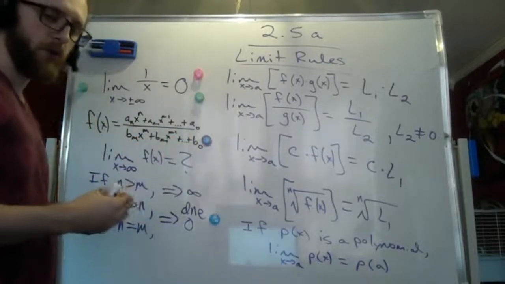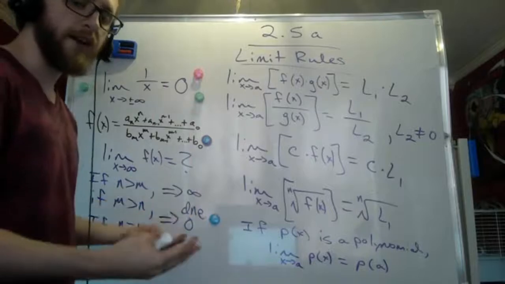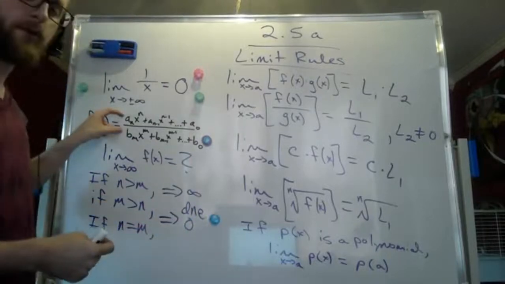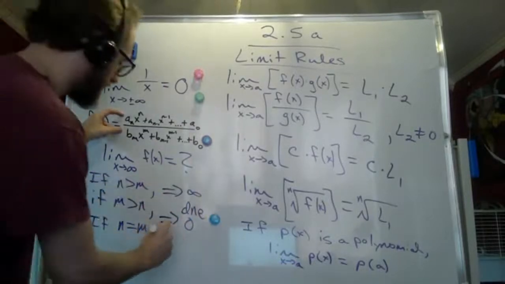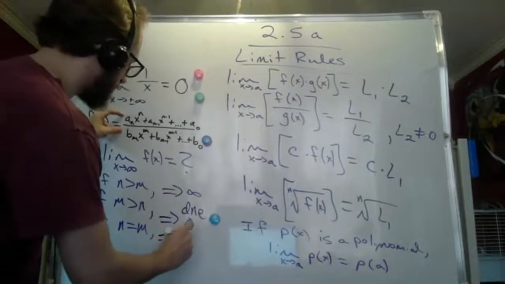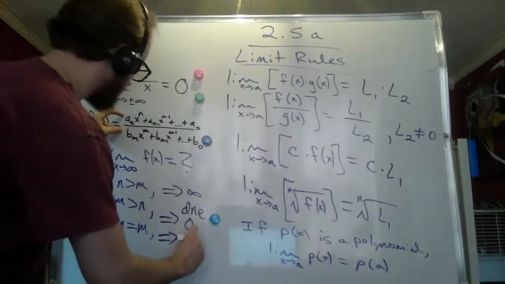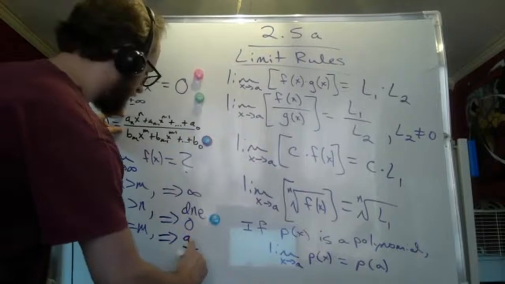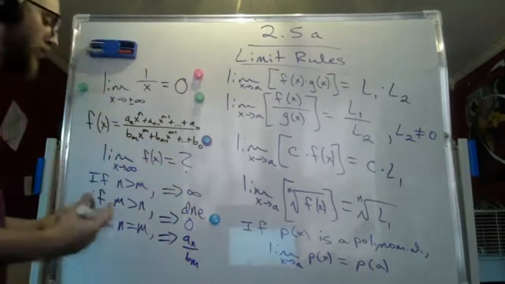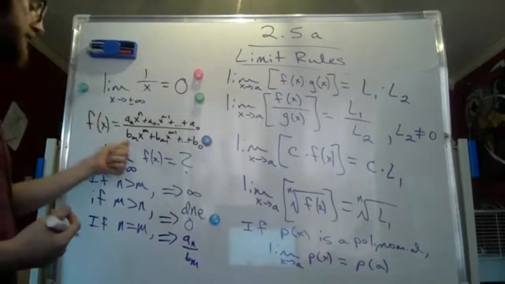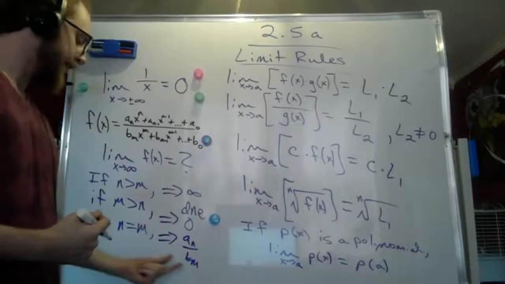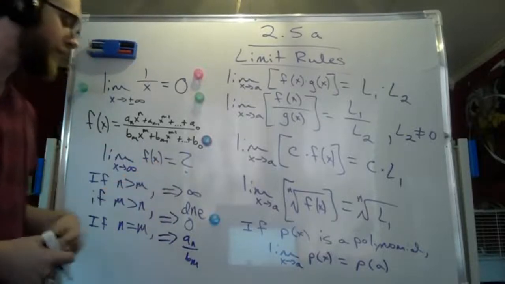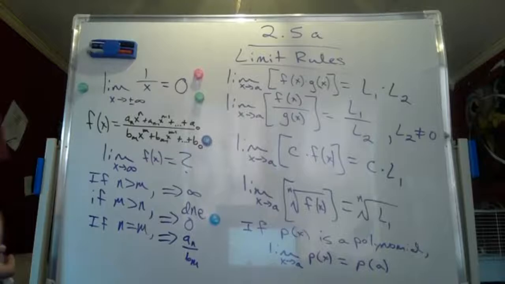And so what number do we approach? Well, in that case, we approach the number that creates a fraction using the coefficients on whatever those biggest powers were. So in this case, it's a_n divided by b_m. That's what our limit is going to tend to as x goes to infinity.